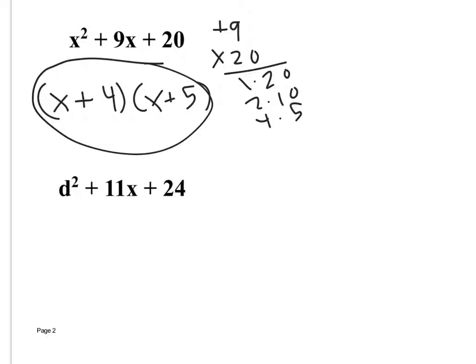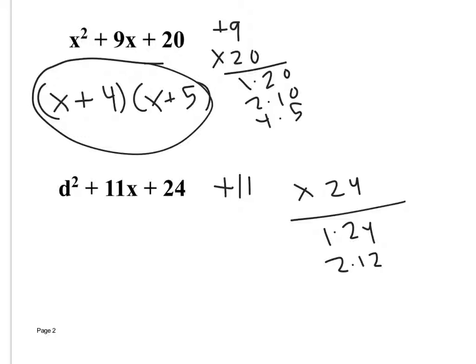For something like this, where b and c are positive, this is all you have to do. But again, you have to be aware of what these signs are because it'll change things. Here, again, b and c are both positive, so I'm looking for what adds to give me 11 and multiplies to give me 24. So you go through your factors of 24: 1 and 24, 2 and 12, 3 and 8, 4 and 6.